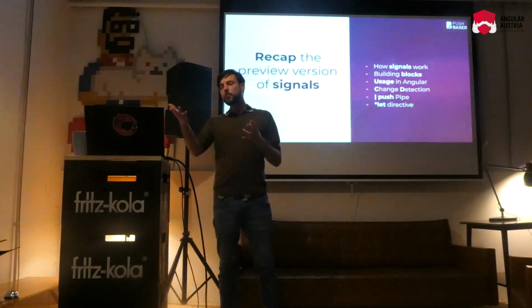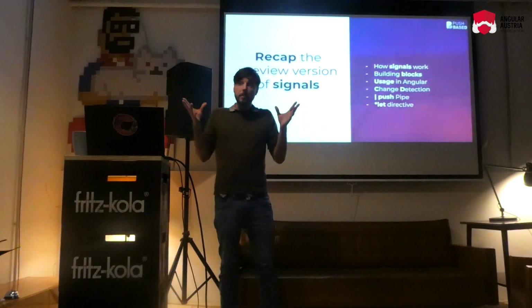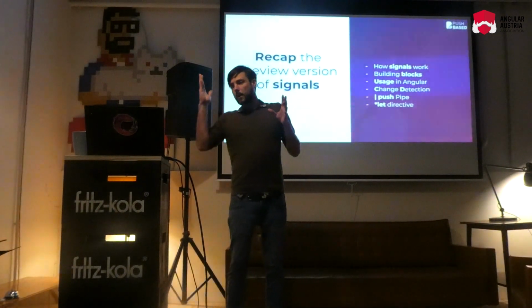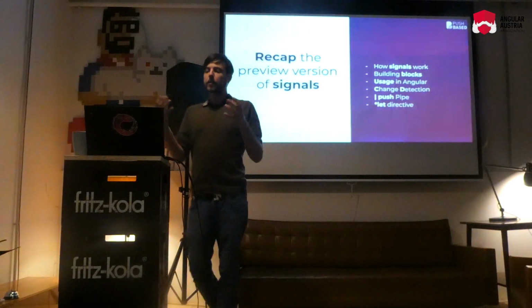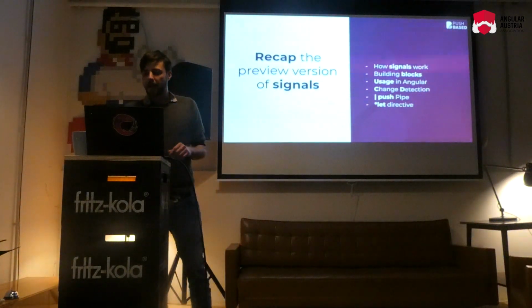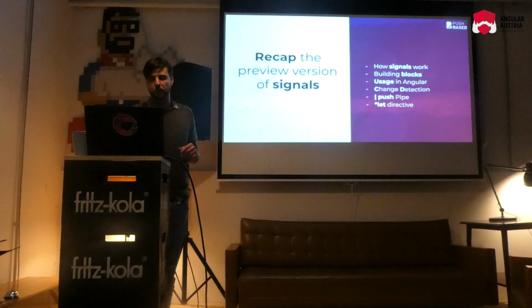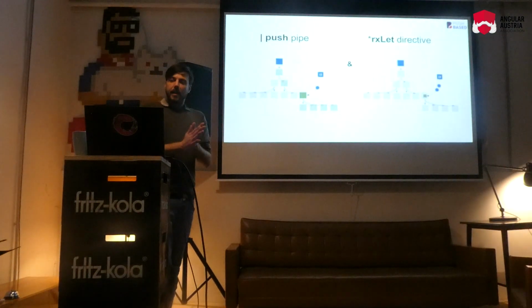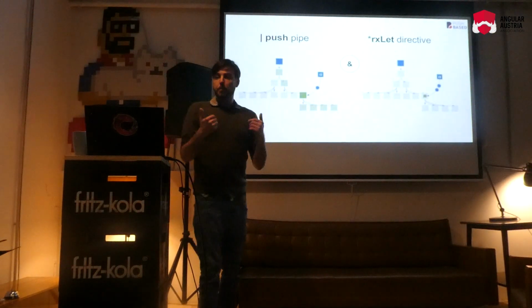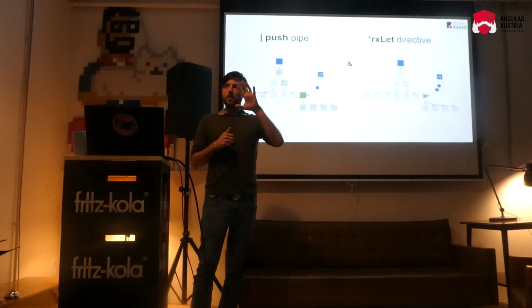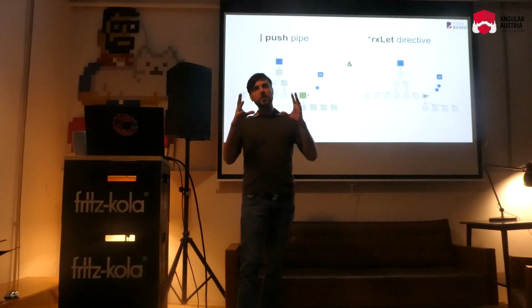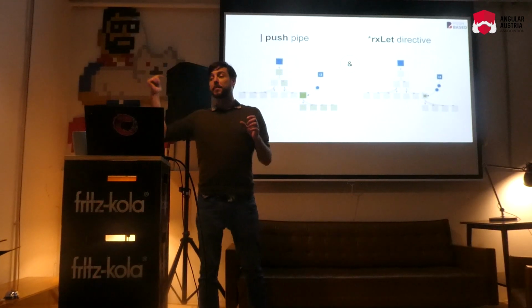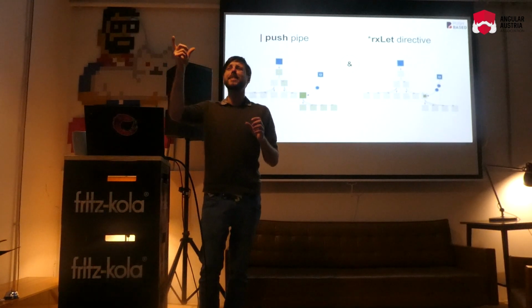And I showed you two of the directives that are at the moment running in Rx Angular as a first proof of concept, how they can look like with signals. It's nearly identical as with observables. The difference, just to recap, is that with the push pipe, we have change detection on the component level. With the let directive, we have it on the binding level.